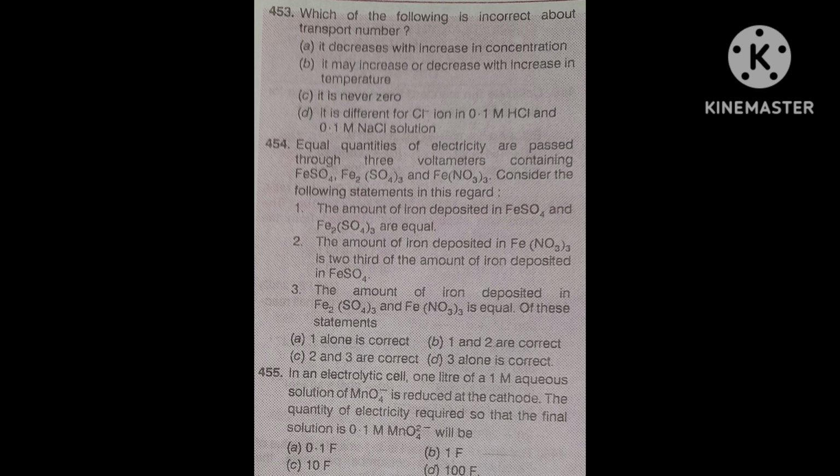Again, the given reactions: AgCl plus electron gives Ag solid plus Cl minus, and standard E value is 0.222 volt; and second is Ag plus aqueous plus one electron gives Ag solid, and standard E value is plus 0.799 volt.